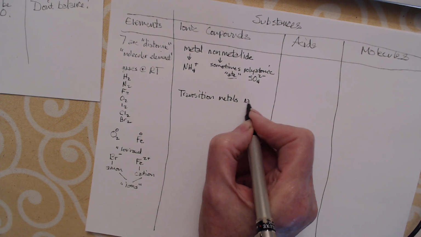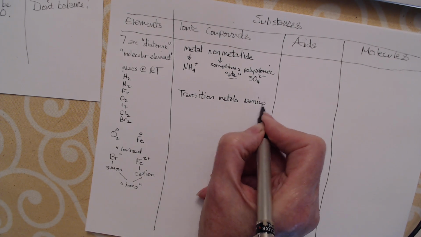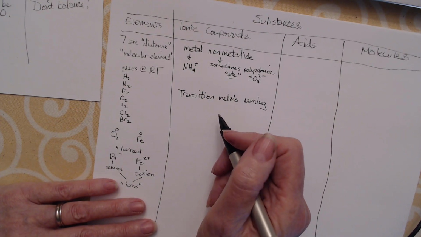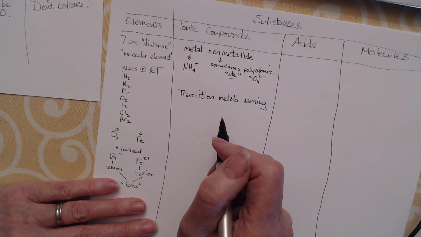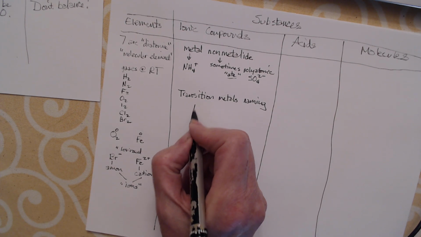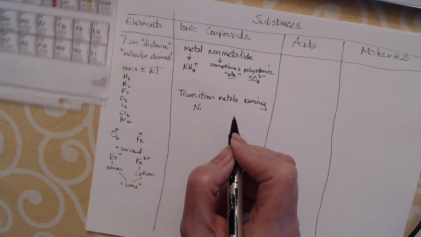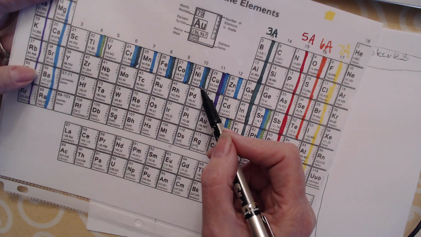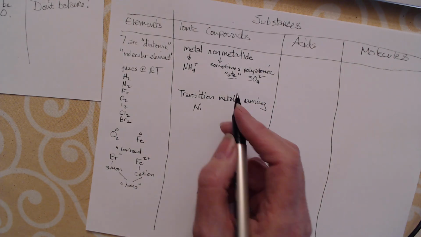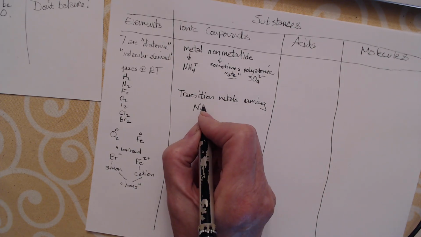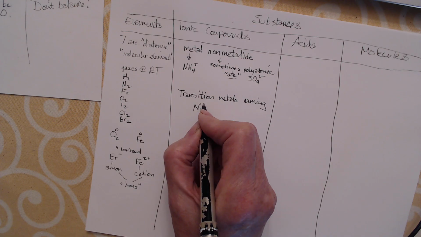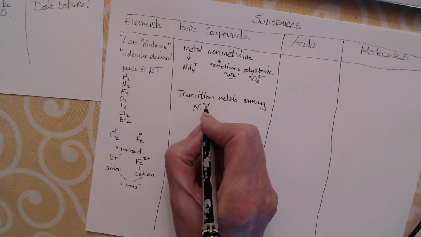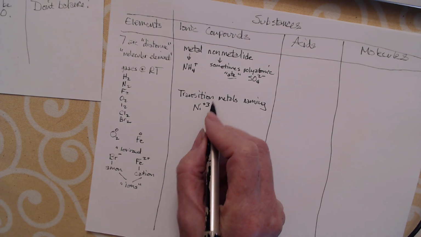And let's talk about how we name those. Okay, so for example, if I've got nickel, all right, nickel, if you look at your table you created, it can ionize to a +2 or +3. And therefore, when it's by itself, I may say nickel +3, right? That's an ion, right?